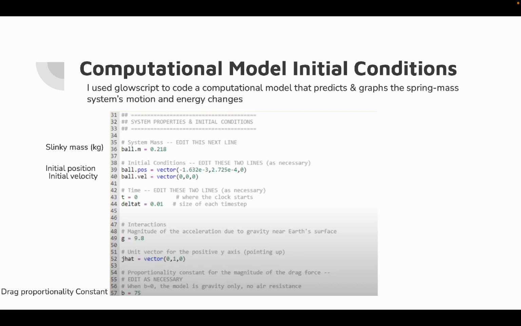So for the computational model, I inserted my initial conditions into my code. You can see we have the same slinky mass of 0.218 kilograms, and I put the initial position and initial velocity into my code, and then here I have B equals 75, where B is the drag proportionality constant.